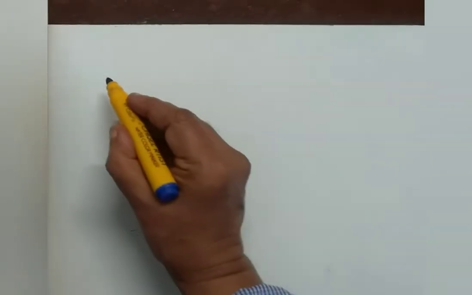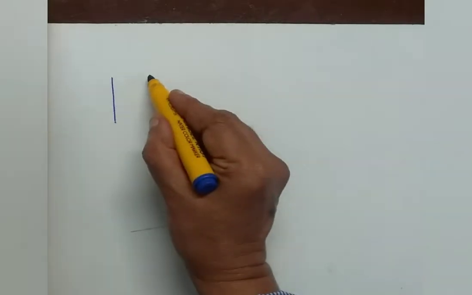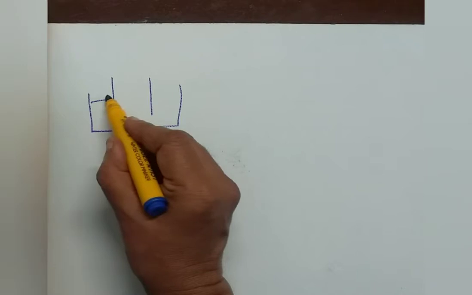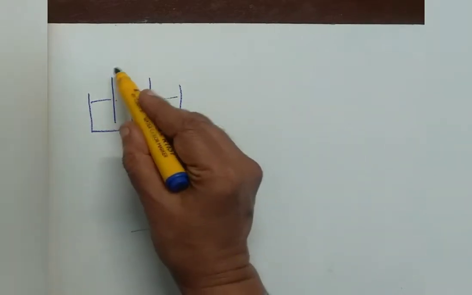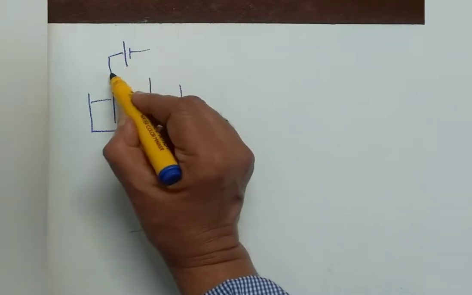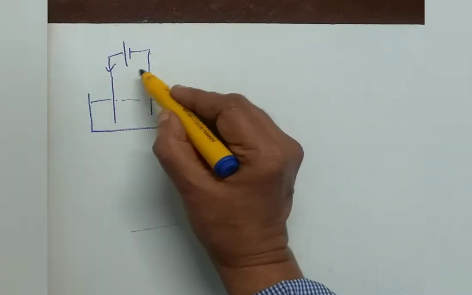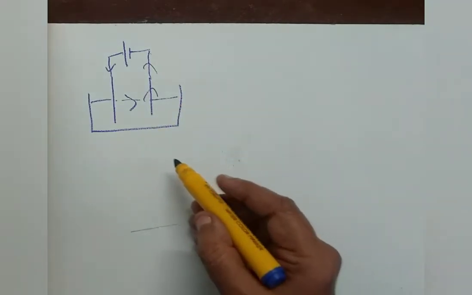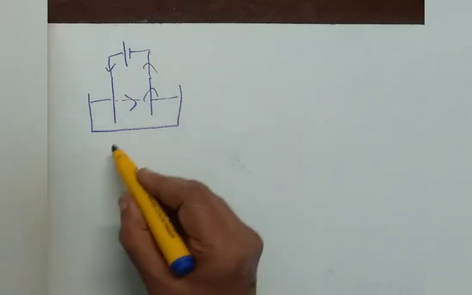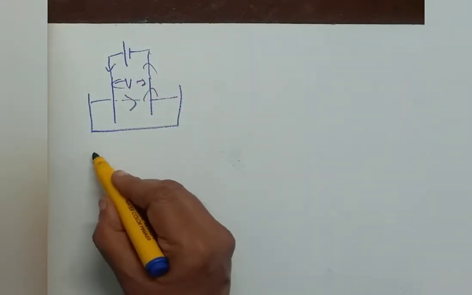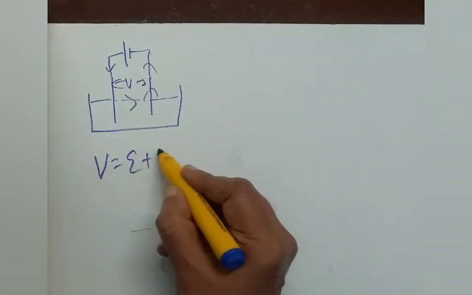Say, we have a cell like this, and instead of drawing the current, we connect another cell like this and forcibly pass the current into this cell to charge it. Then the terminal potential difference between the terminals of the cell is given by E plus I r.